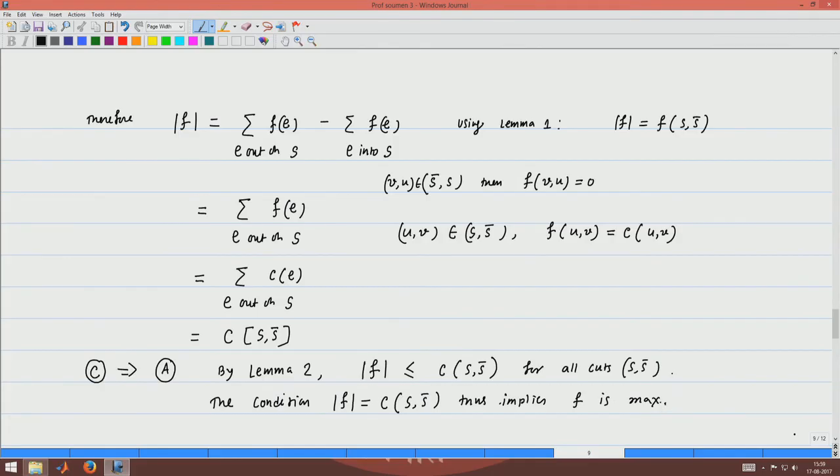Okay. So, we have proved the max-flow min-cut theorem.